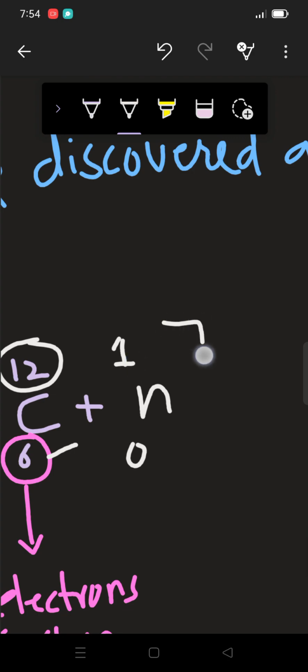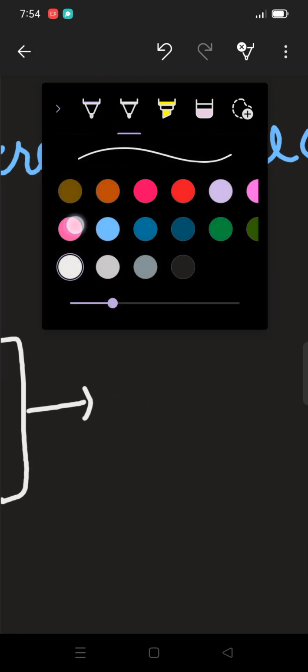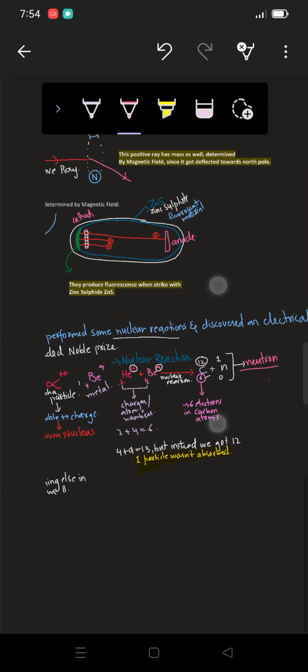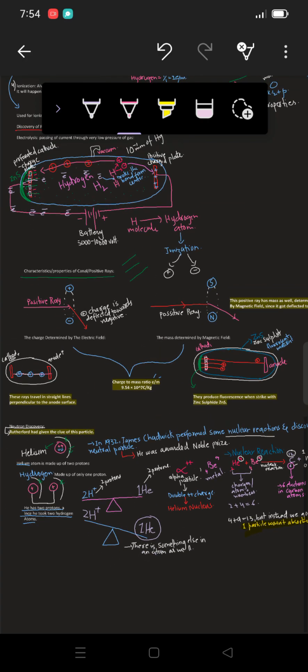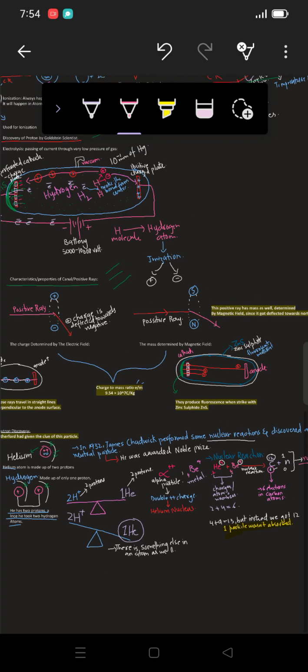So there was something produced with the carbon atom which has no charge, but it has 1 mass, right? And that particle James Chadwick named as neutron. Here we have completed the discovery of neutron as well. So in the next video, we are gonna study the properties of the neutron, right?